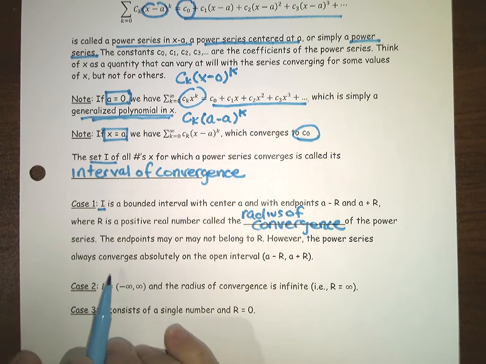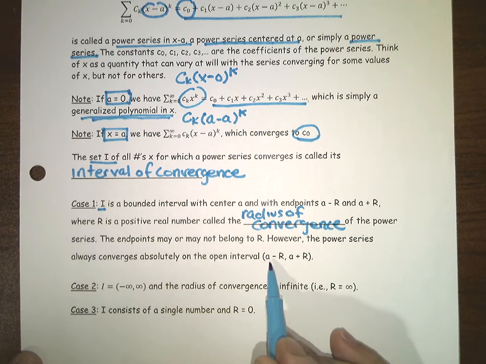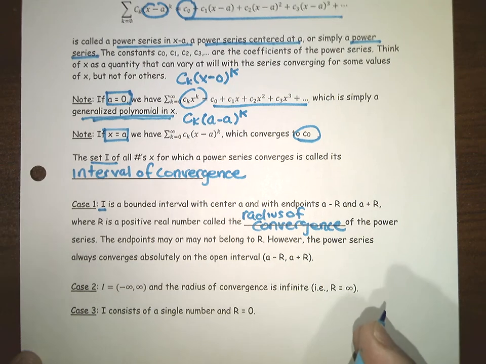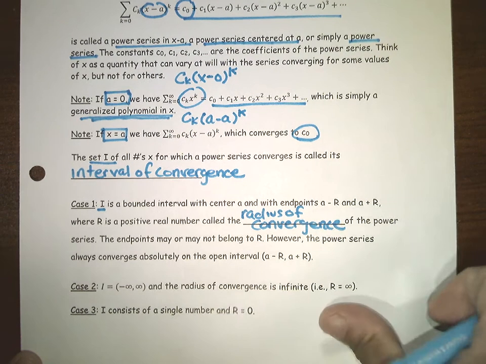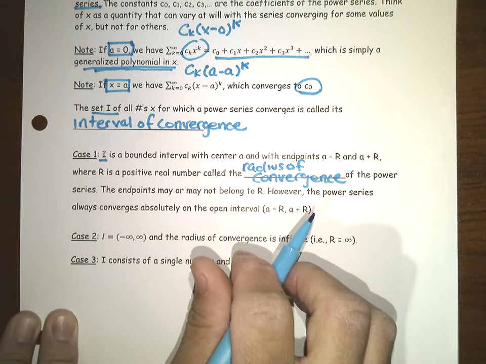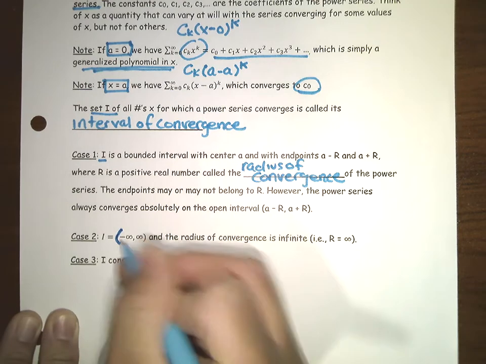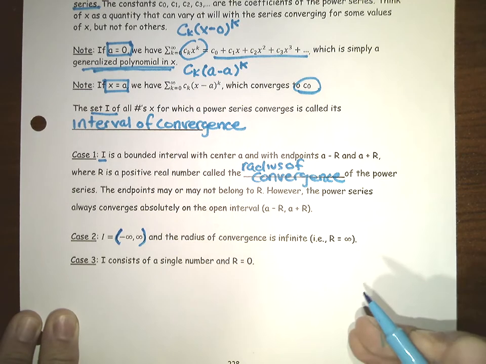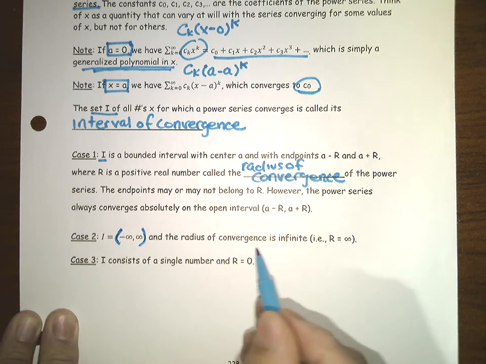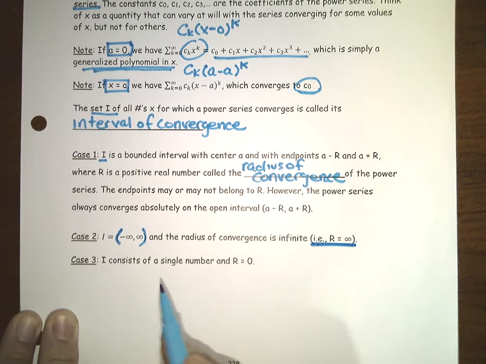However, the power series always converges absolutely on the open interval a minus r to a plus r. So that means that we are going to need to check the endpoints here, because the series may not converge at the endpoints of the interval. And then case 2, on the unbounded interval negative infinity to infinity, the radius of convergence is infinite, so r is infinity.